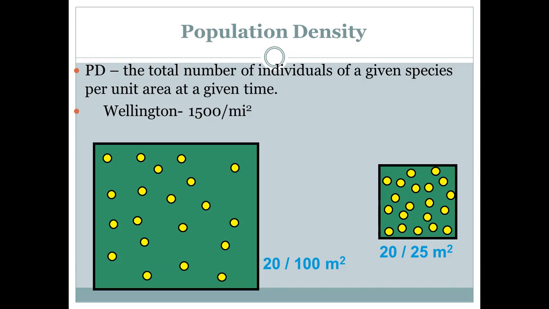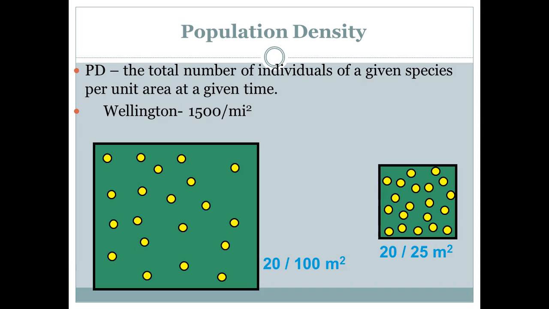So, as we move through here, let's look at these two populations. Let's say these are mice, and we have 20 mice in 100 meters squared, and we want to know how many mice in each meter. We'd simply take 20 and divide it by 100, and that would give us 0.2 mice per meter squared. Then we've got 20 mice in 25 meters squared.